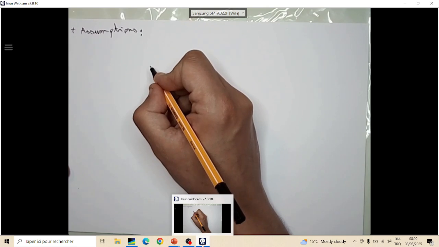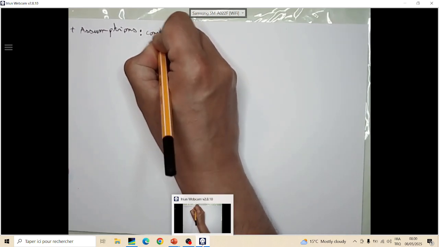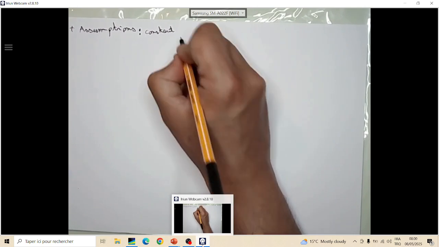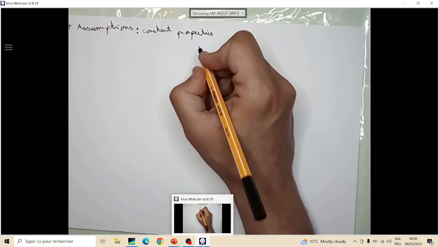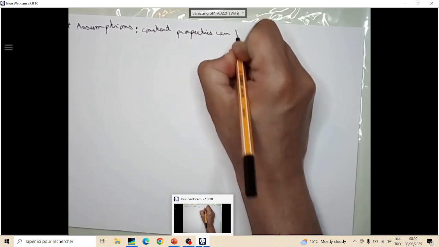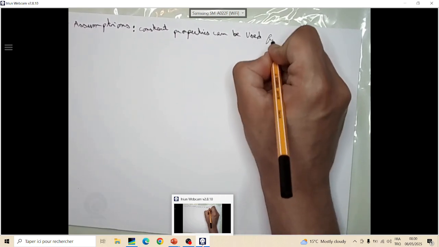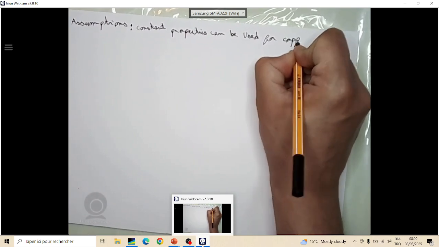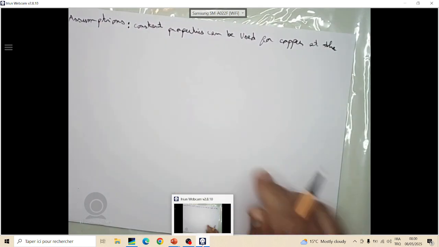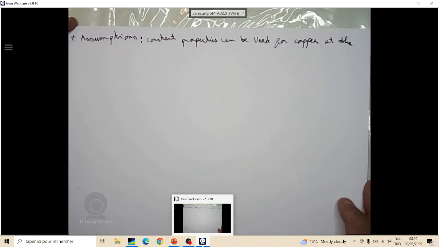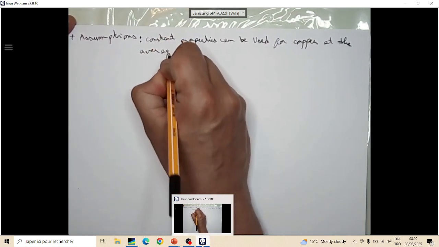Assumptions. Constant properties can be used for copper at the average temperature.